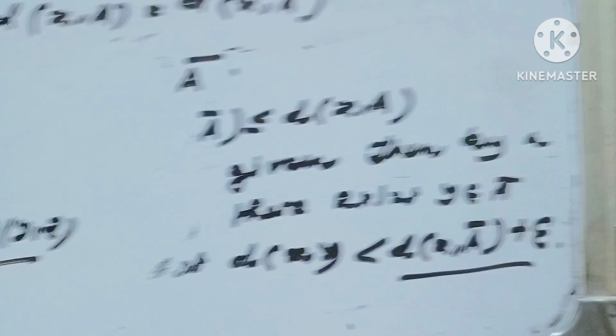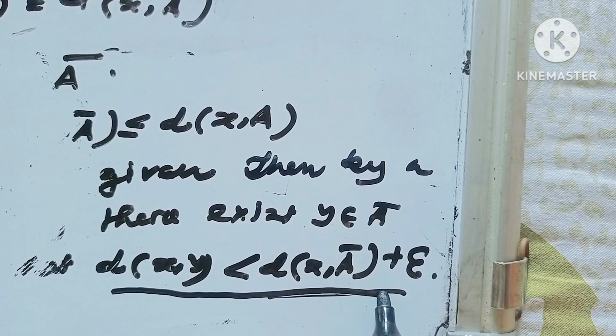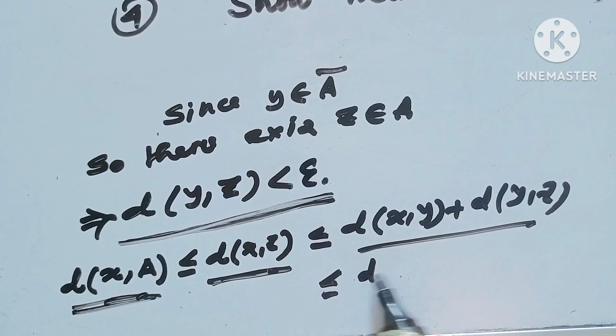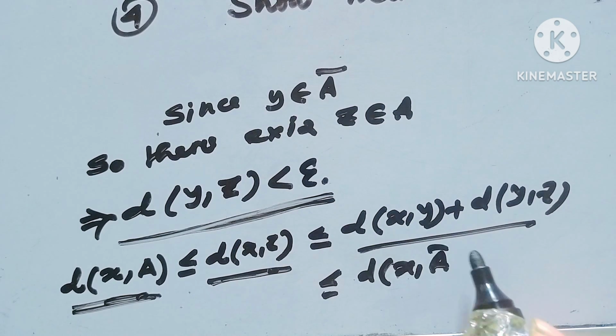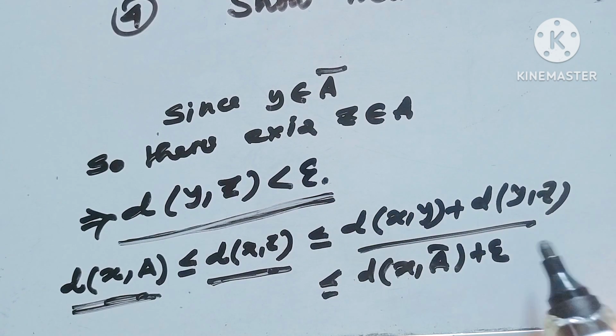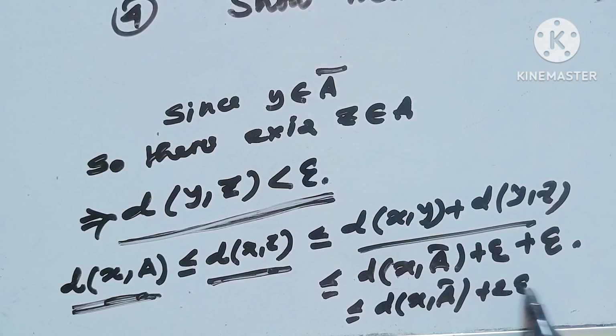Therefore, since I have got d of xy less than d of x A bar plus epsilon, and d of yz less than epsilon, this is less than or equal to d of x A bar plus 2 epsilon.